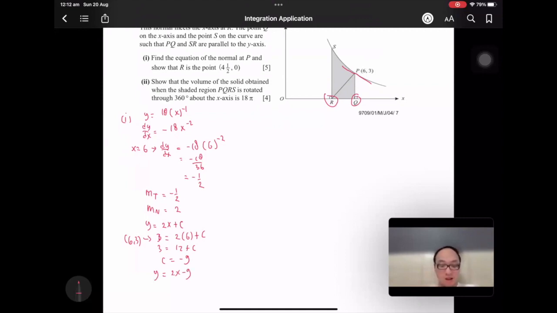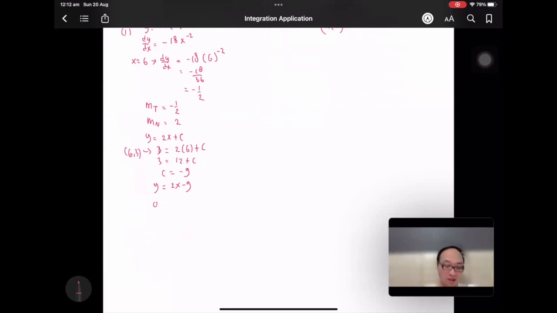And then the coordinate of R, where R is the x-intercept, is (x, 0). So replace y equals 0. So 2x minus 9, so x equals 9 over 2, or 4 and a half. So R will be (9/2, 0).